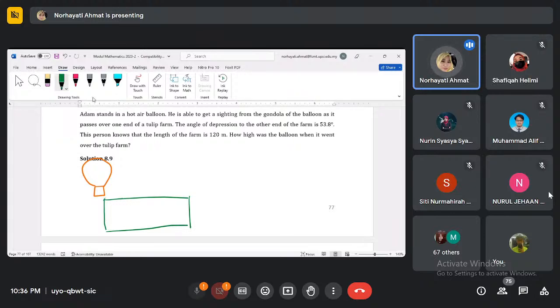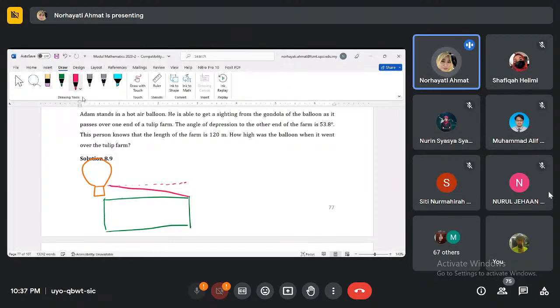So sudut dia dekat sini lah, pandangan mata dia. The angle of his side, it form the angle is 53.8 degree.